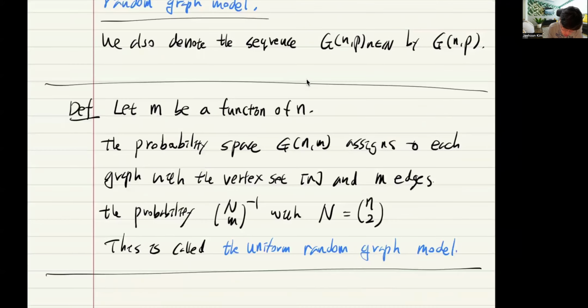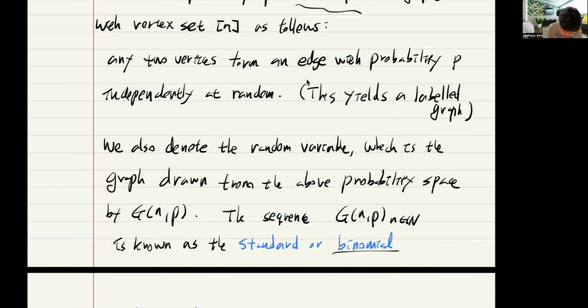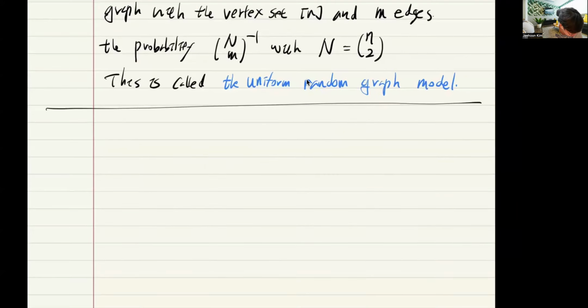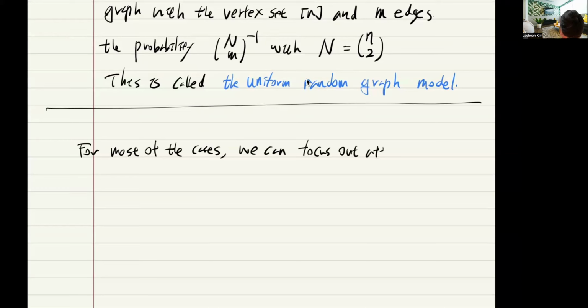These two are the most basic random graph models, and they are mostly the same. So for most cases, we can focus our attention on the binomial random graph model.